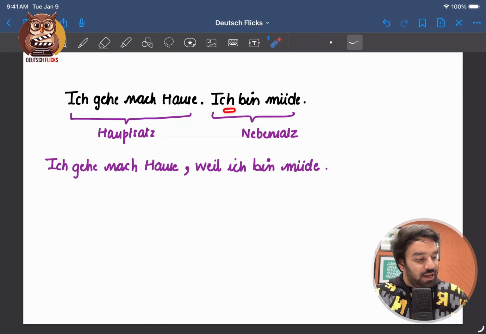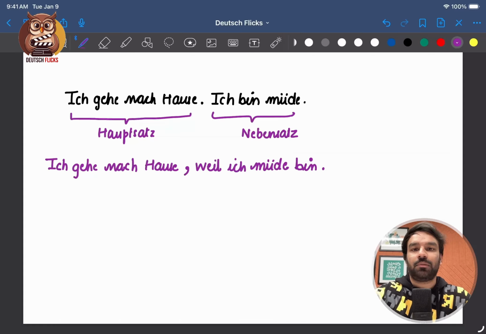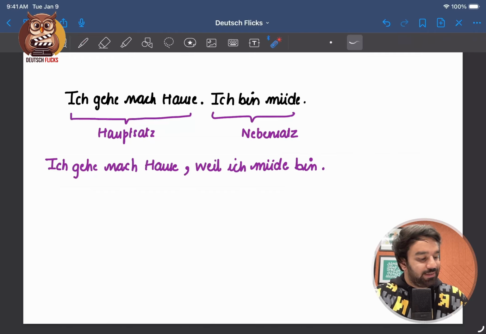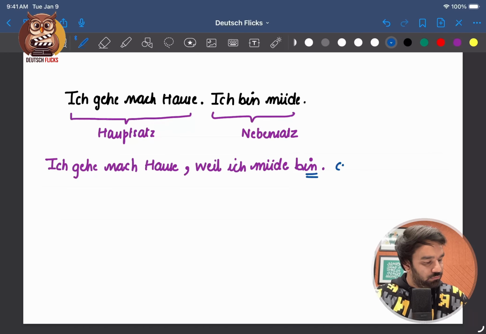This is my subordinate clause or Nebensatz. This is my conjugated verb which I will put at the end. So the correct sentence will be Ich gehe nach Hause, weil ich müde bin, because I tired am. I know it sounds strange, but you have to get used to it.